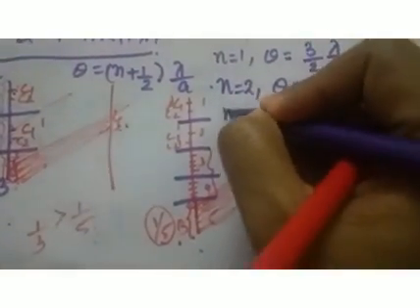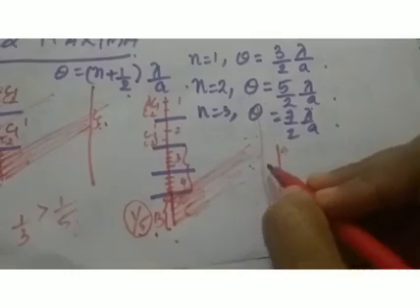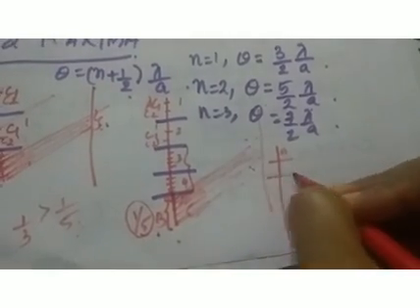Similarly, when n is equal to 3, theta is equal to 3 plus 1/2, that is 7/2 lambda by a. In this case, we will divide the slit into 7 equal parts: 1, 2, 3, 4, 5, 6, 7.